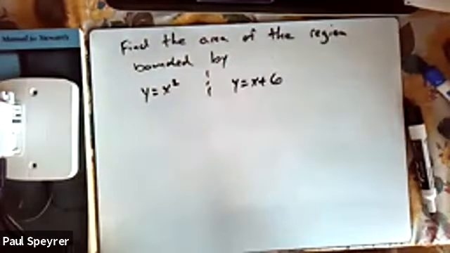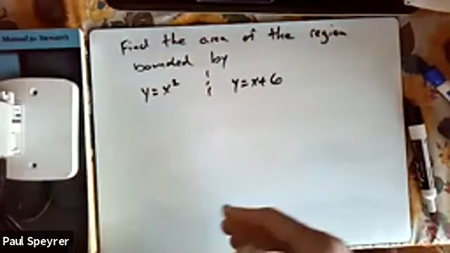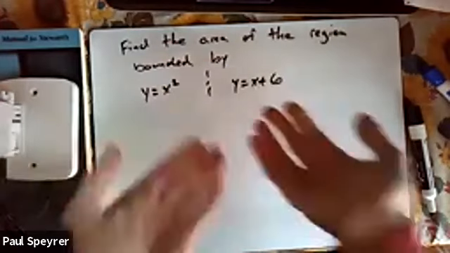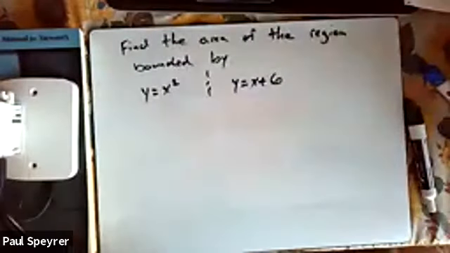Now, in this instance, they didn't say between x equals 0 and whatever, 6. They just said find the region bounded by these two curves.